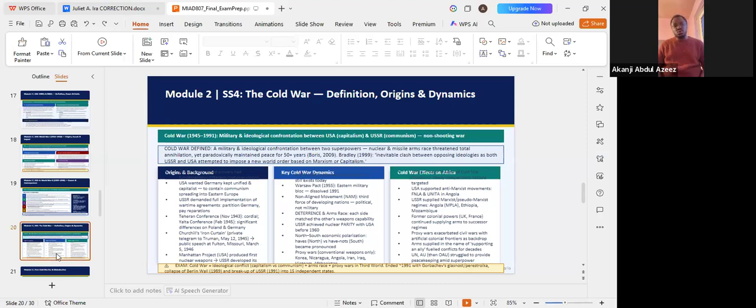Now, Cold War by meaning. Cold War refers to a prolonged period of political, ideological, and strategic rivalry between two opposing power blocs led by the United States and the Soviet Union.